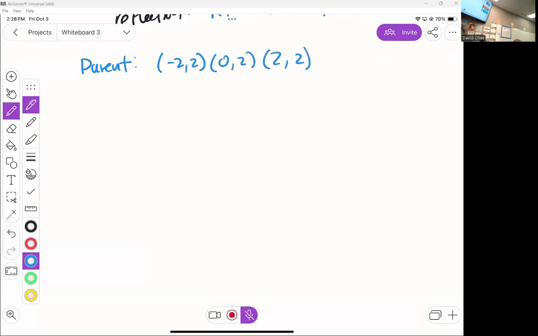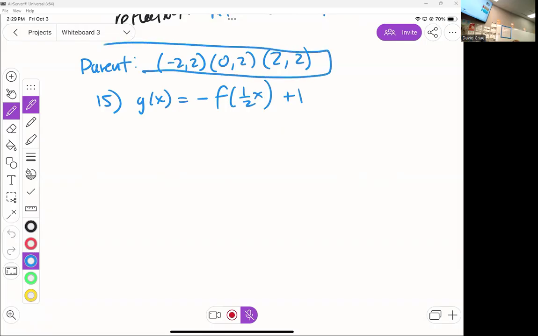Number 15 is asking you to transform. You want the new function to equal negative f of 1/2 x plus 1. Can you transform these 3 points with these commands here? All right, here we go.